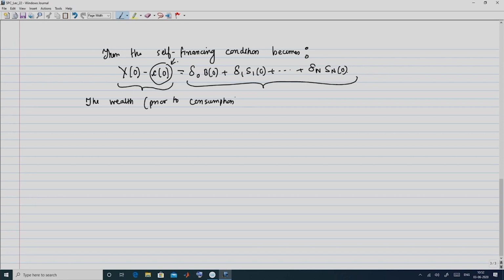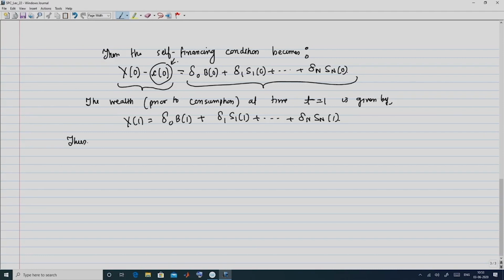So, the wealth prior to consumption at time t equal to 1 is given by, as before, x1 is equal to delta naught b1 plus delta 1 s1 of 1 all the way to delta n Sn of 1.